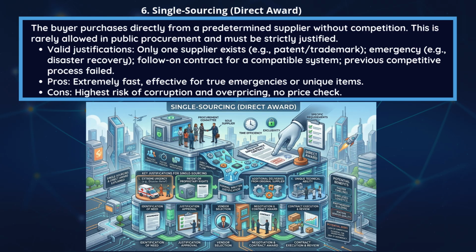Cons: highest risk of corruption and overpricing, no price check. This is the biggest risk of this method, because when we contract frequently through single source, it raises the problem of corruption and overpricing. So in this method, we should have a proper and strong justification for using this process.